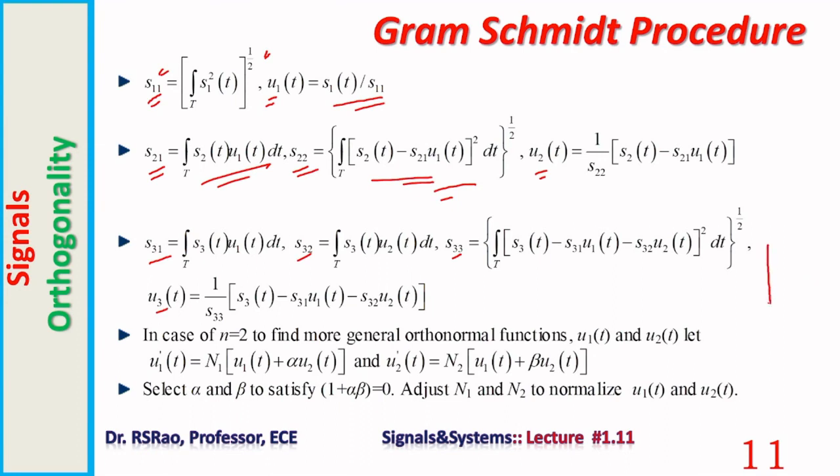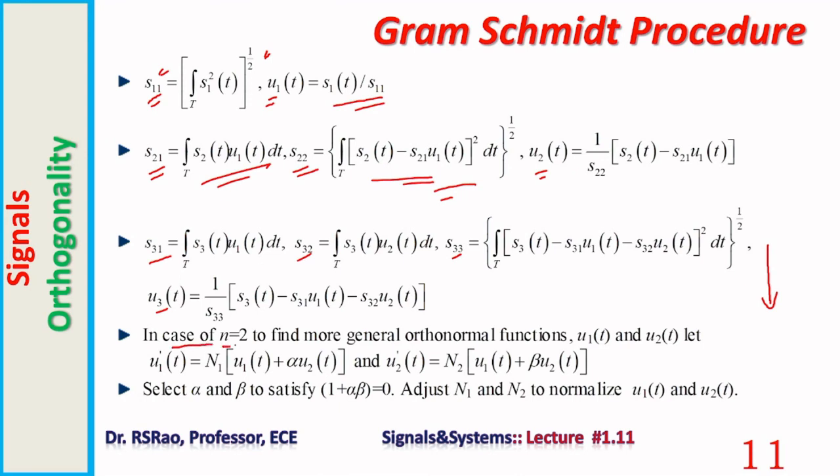The procedure, it continues. Same procedure can be adopted to find unknown quantities in the expansion for S4, S5, S6, etc. Once we know S11, S21, S22, etc., and U1, U2, U3, etc., everything that is required to expand the functions becomes available to us, and expansion can be done without any problem.